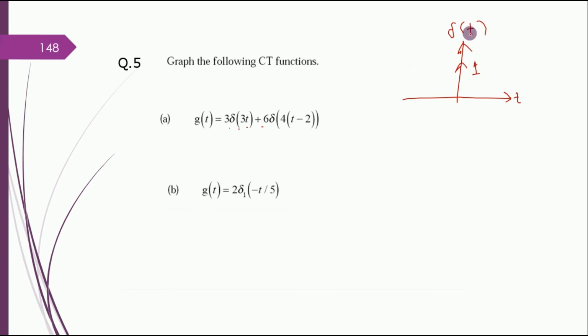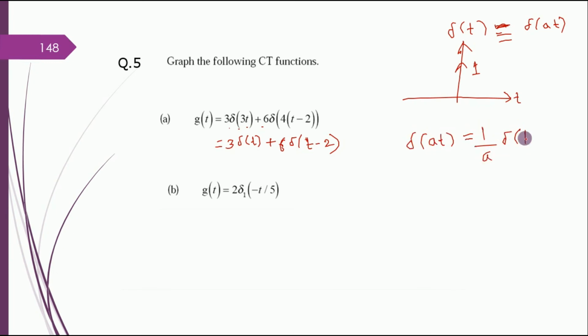If you time scale it by any number, this is equivalent to delta of any time scaling. We had learned one property, that is delta of At is equal to 1 by A into delta of t. I hope you remember. So this property we had learned. So hence I had forgotten to just add it.